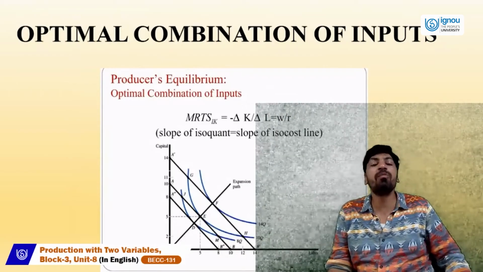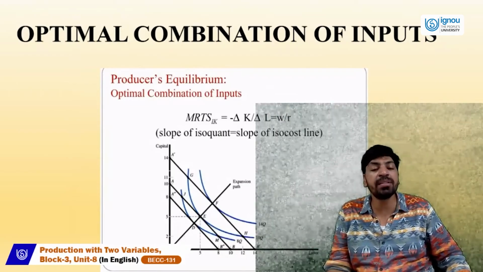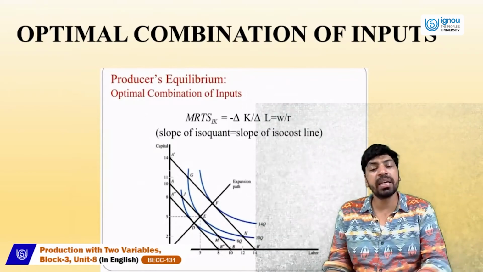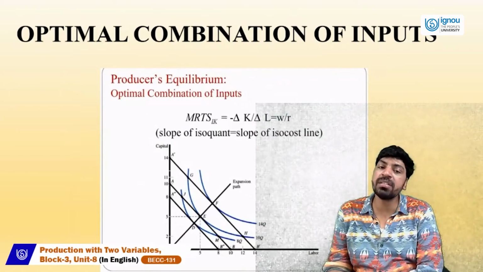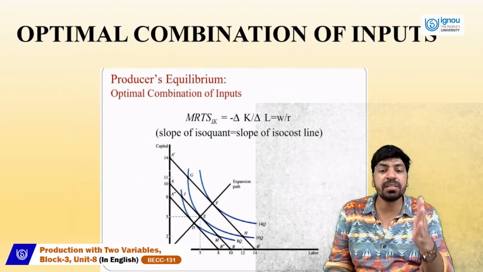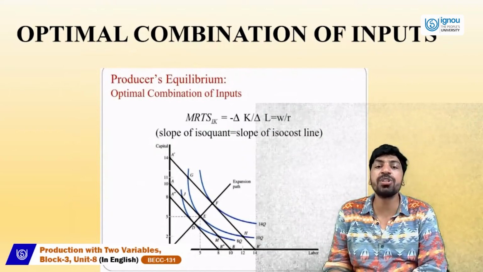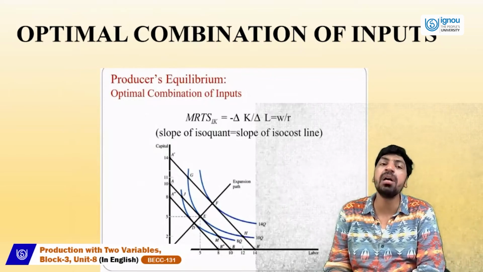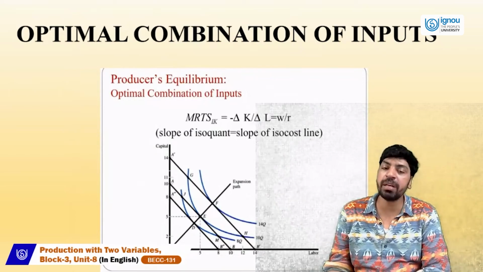So if we go forward along the isoquant curves, you can see higher isoquants, that is 14. So this is a graphical representation of producer equilibrium, having the condition of optimum combination of inputs.